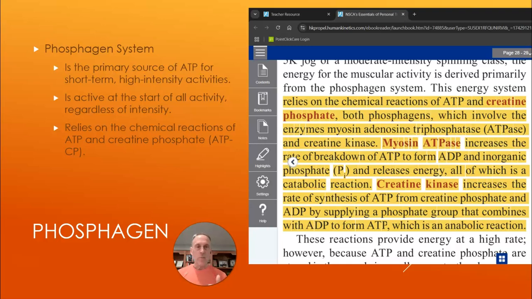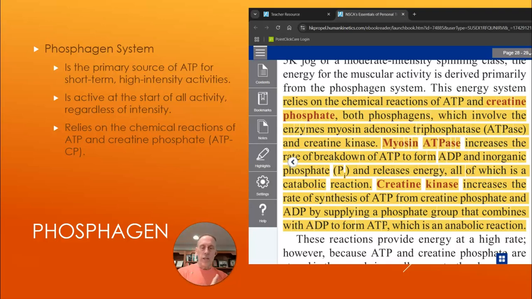That involves enzymes, myosin adenosine triphosphate, or commonly known as ATPase, and creatine kinase, which, if you look at those 2 words and how closely related they are, it's kind of 400 level stuff, but you can still take a look at our 200 level course and start to research that. So myosin ATPase increases the rate of breakdown of ATP to form ADP, an inorganic phosphate, and releases energy, all of which is a catabolic reaction, which we know.